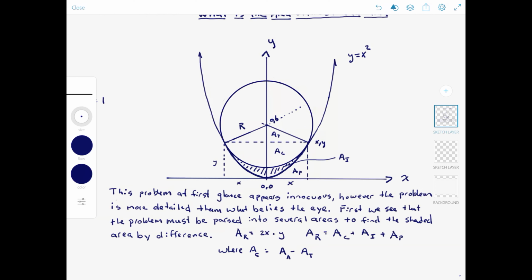Again here, I also noted at the very bottom, where AC equals AA minus AT. AA is the area of the arc, or area of that circle between the intersect points, which forms a portion of the circle, not the area of the full circle.